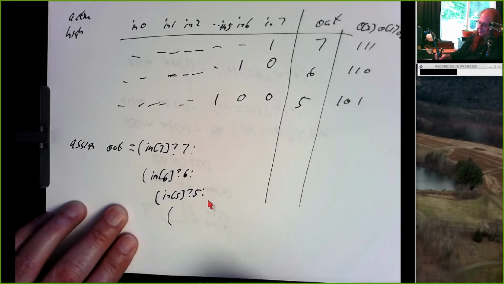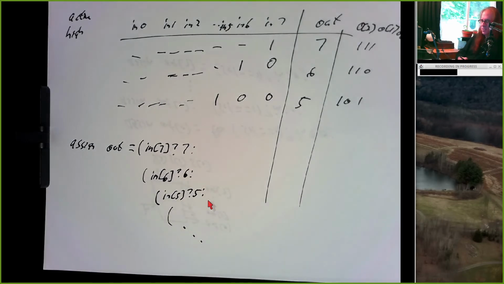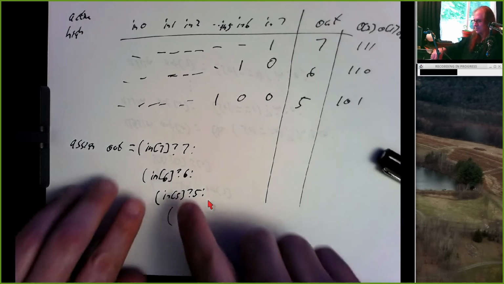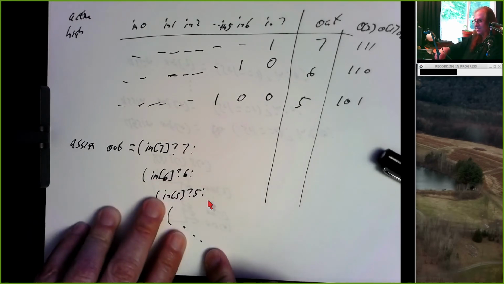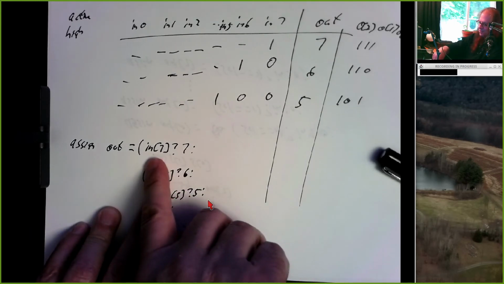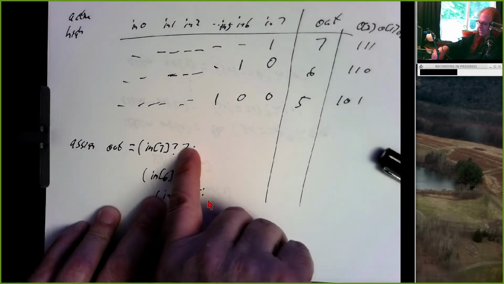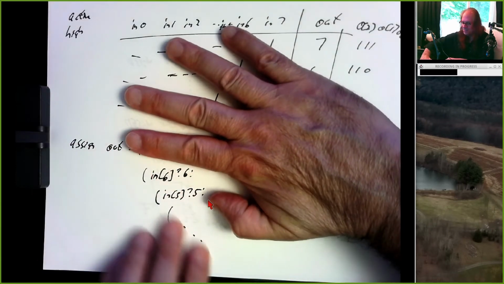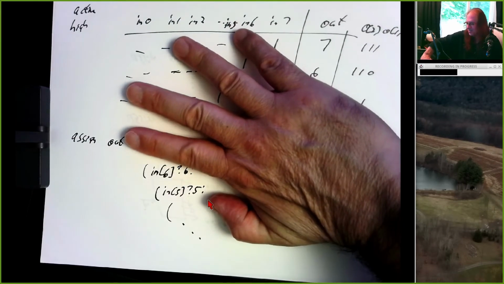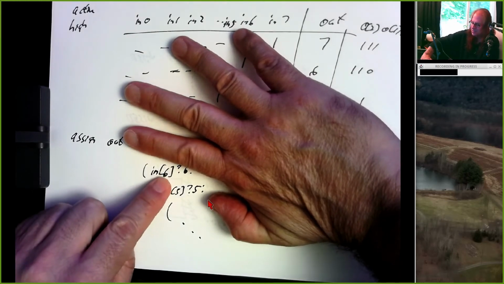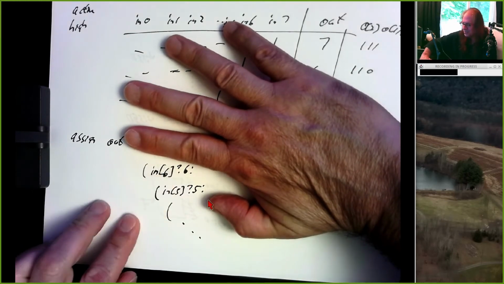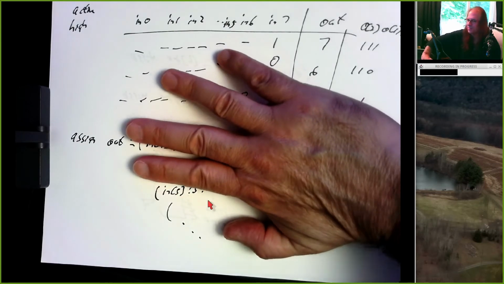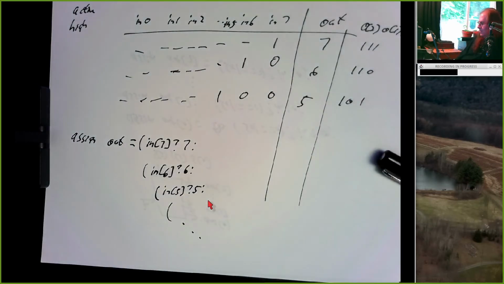Otherwise, set it equal to... And so we have these nested ternary operators. And so all of this is the else clause, right? If in 7 is 1, set output equal to 7. Otherwise, set output equal to all of this stuff. And all of this stuff says if input 6 is asserted, set the output to 6. Otherwise, set it equal to all of this stuff. And so that's one way to build this circuit.